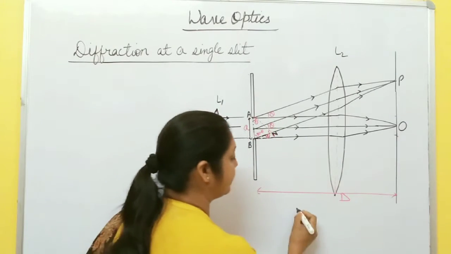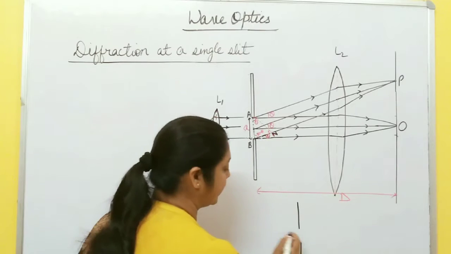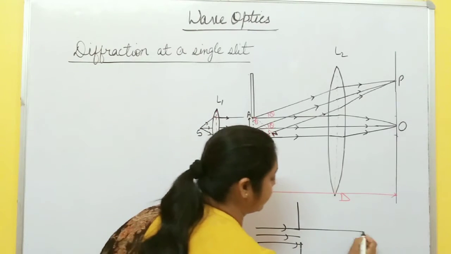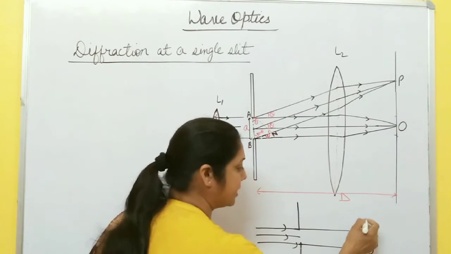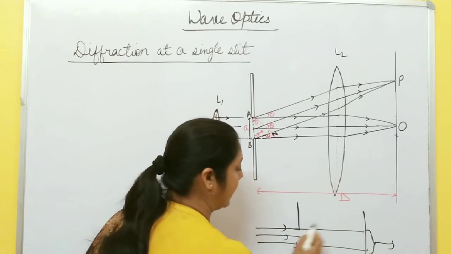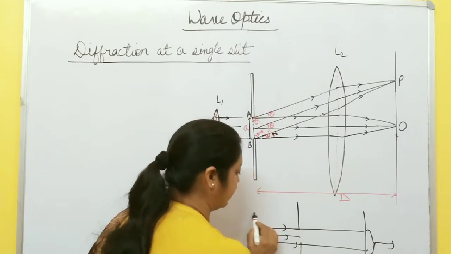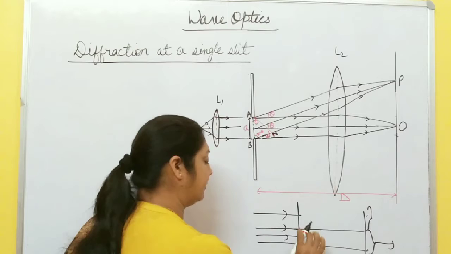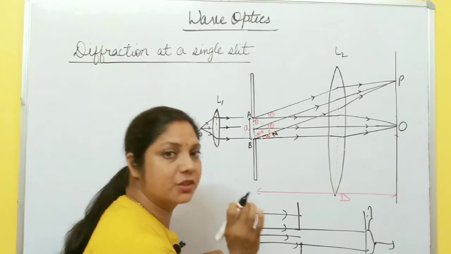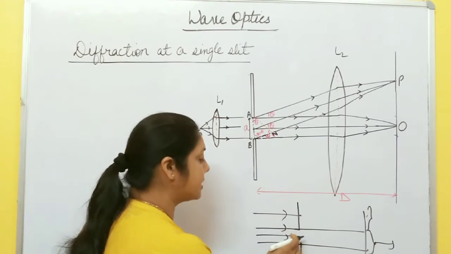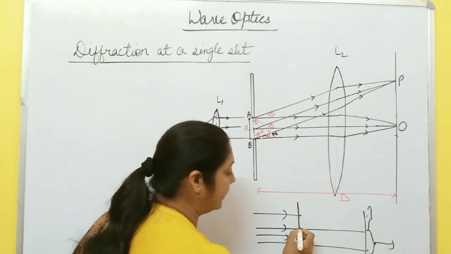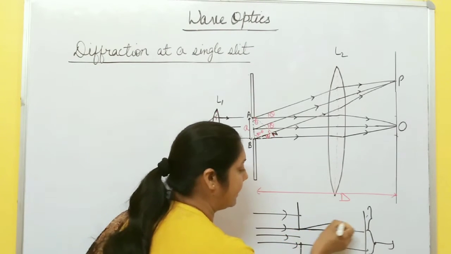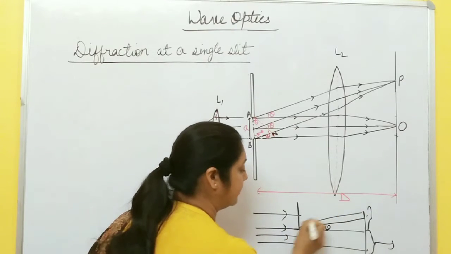In the last class we discussed that suppose this is the aperture, and when light comes and passes through this aperture, then in this region light reaches. This region is called the illuminated region, and in this region light does not reach, so this region is called the geometrical shadow region. But if the size of this aperture is very small, comparable to the size of the wavelength of light used, then in place of going straight, it bends through some angle, at different angles.